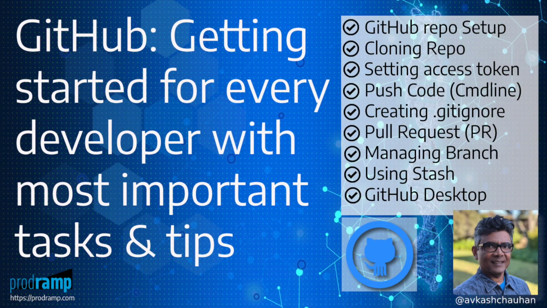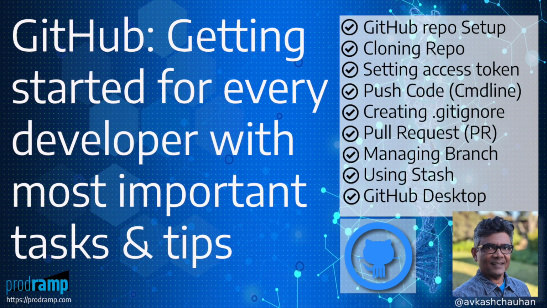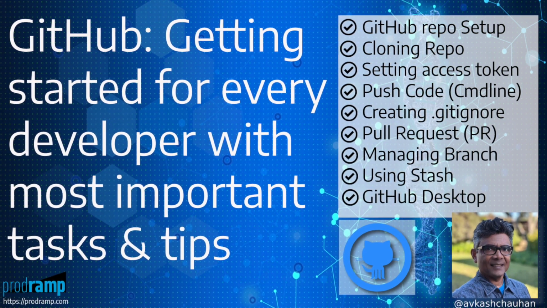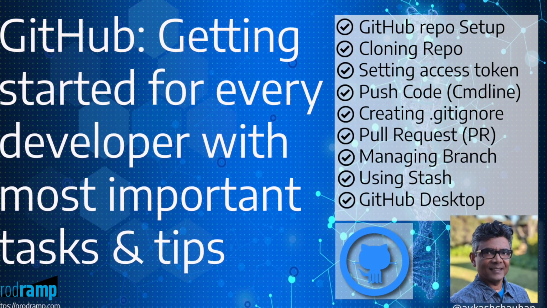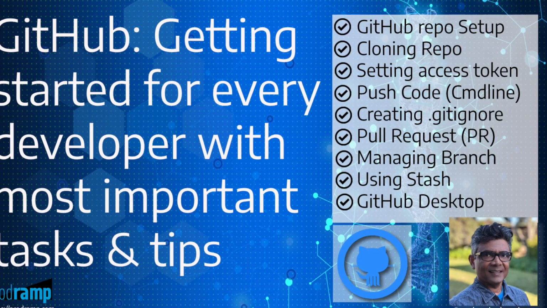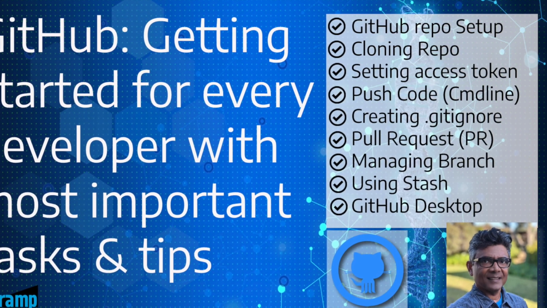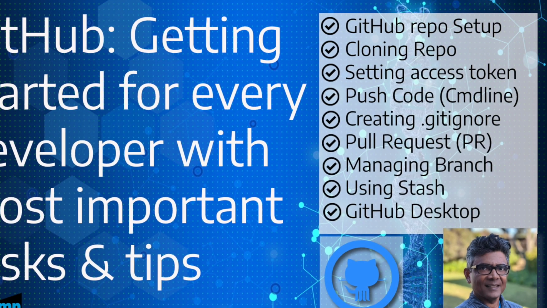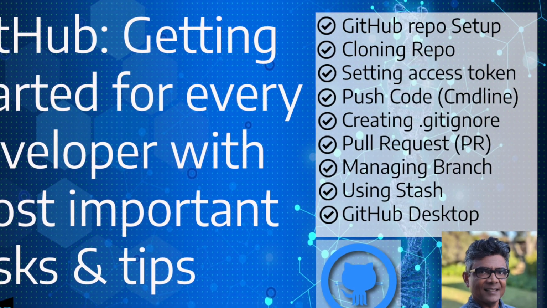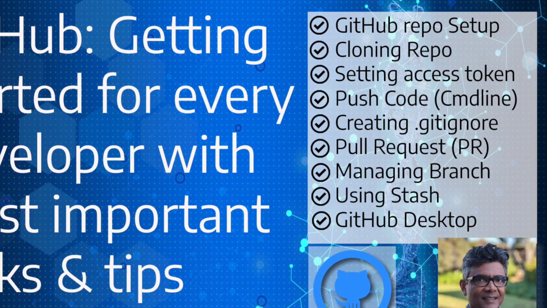Now let's take a quick moment to recap what we have learned. We learned how to set up the GitHub repo, clone it, and process it using the command line as well as the GitHub desktop app. We have seen how we could add the GitHub access token, and that token will be used with the command line to work with the GitHub repo.